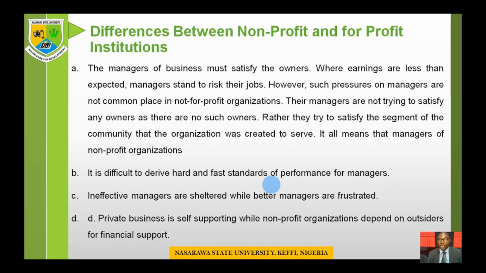However, such pressures on managers are not commonplace in not-for-profit organizations. Not-for-profit organizations are not looking for profit. They allow the managers to work towards meeting the objective for which the organizations are set up. So their managers are not trying to satisfy any owners, as there are no such owners.